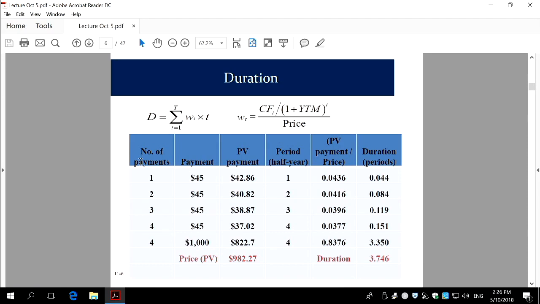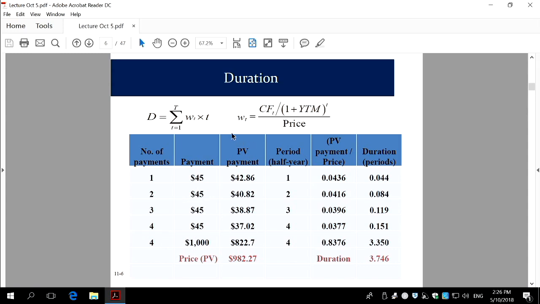Then there are 4 payments, right? Because maturity is 2 years, so you have 4 future payments, payment 1, 2, 3, 4. The first payments are just coupon payments. The final payment is coupon plus your par value.